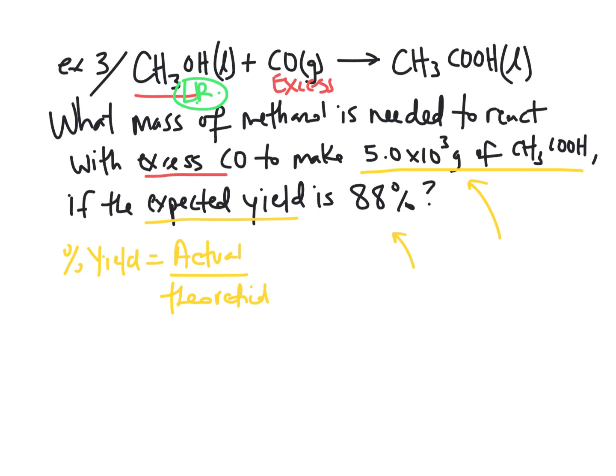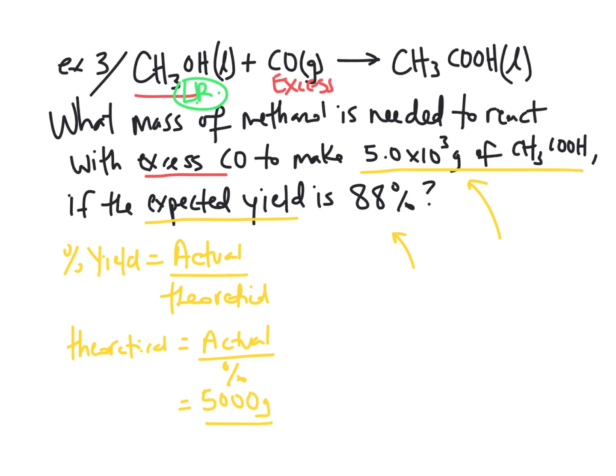So let's rearrange and say what we really need to solve for is the theoretical yield. So if we rearrange this whole thing, we're going to get that the theoretical yield is equal to the actual over the percent yield. Okay, we need the actual yield. Let's just convert this right now. Did I say 500? It needs to be 5,000.